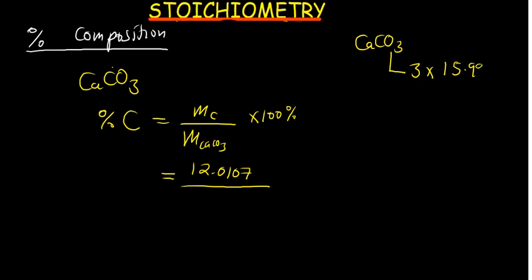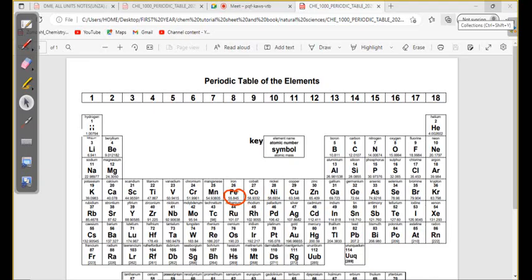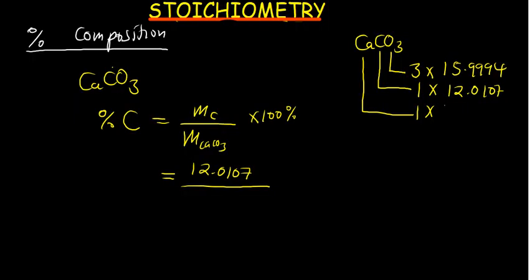And then carbon, we only have one carbon in this compound, so the mass of one carbon is 12.0107. And then calcium, we only have one calcium here, so 1 times 40.078. So what we are just calculating here is the relative formula mass. When you add the masses together, you get the relative formula mass.